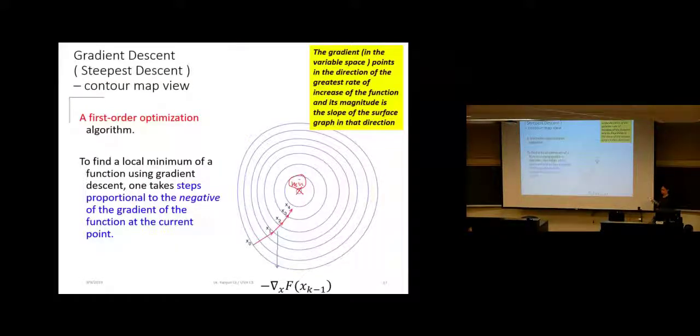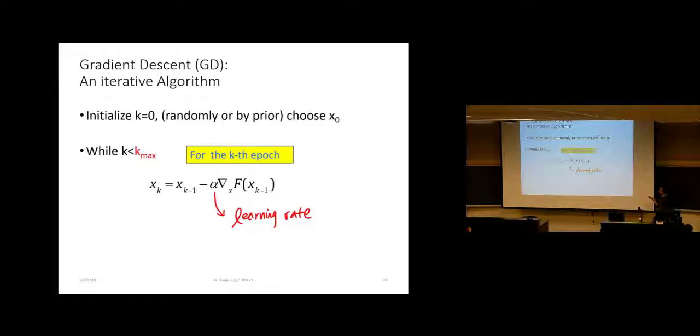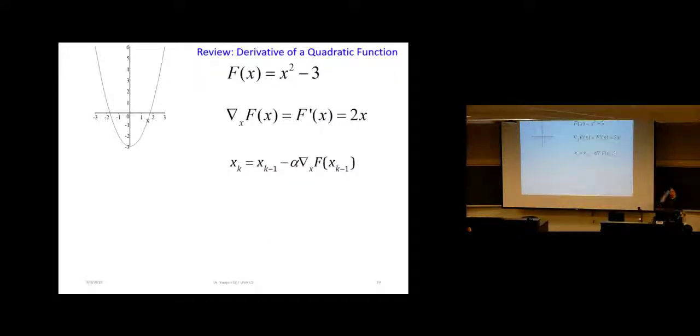Okay, all right, so gradient descent is a first order optimization method, and you try to find a local minimum of a function. Gradient descent takes a step proportional to the negative of the gradient of the function at the current point. We already covered this. Let's do a very concrete example of how to do gradient descent.